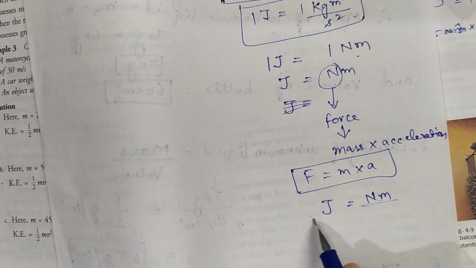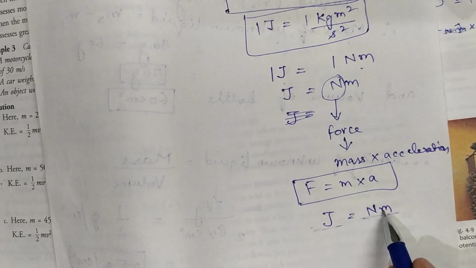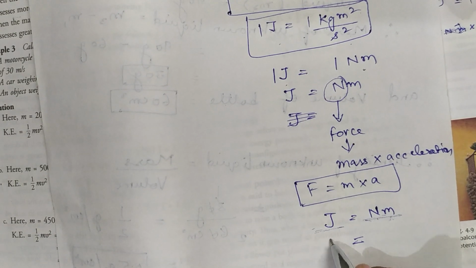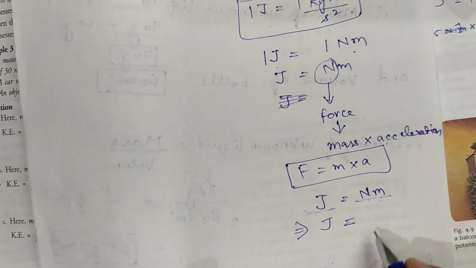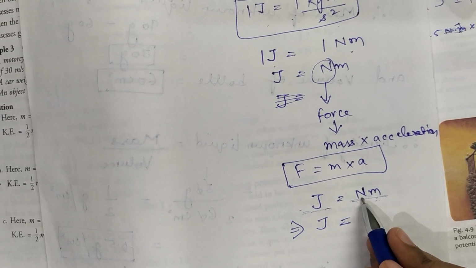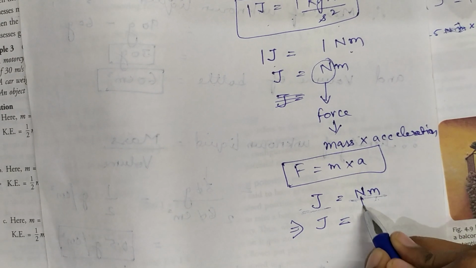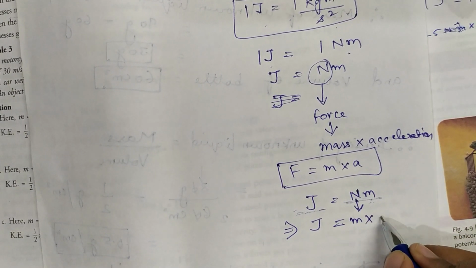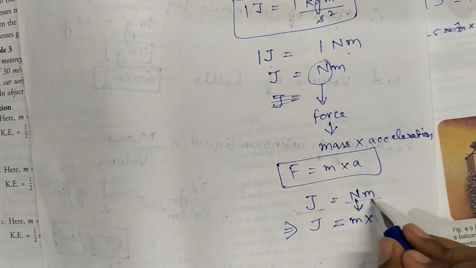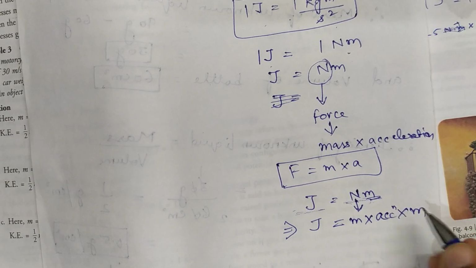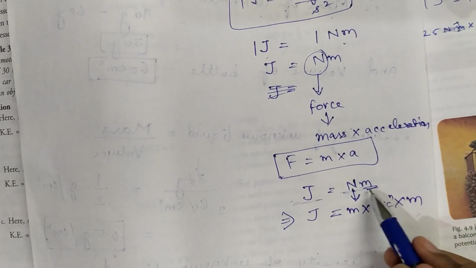This is the unit of work done, this is the unit of energy, and both are the same. Now Newton is the unit of force, so instead of Newton, we can write mass into acceleration, and into this meter.